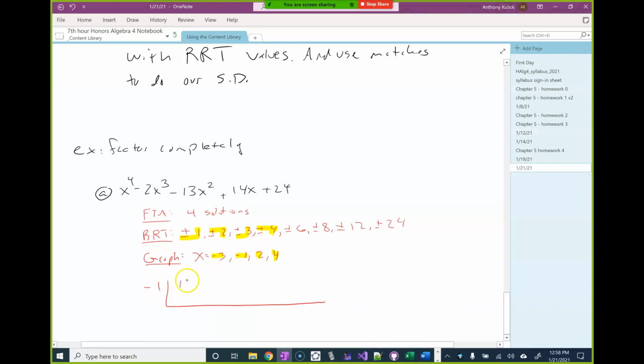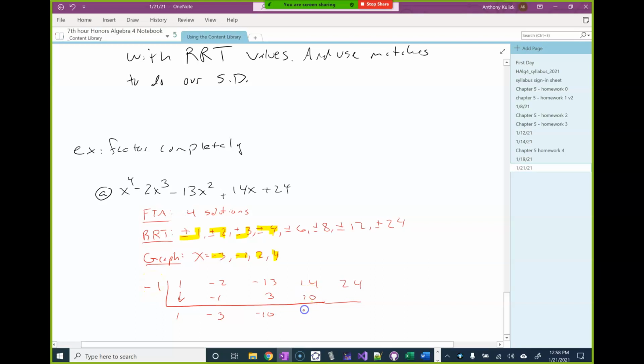Add down, that's negative 3. Negative 1 times negative 3 is positive 3. Add down, that's negative 10. Negative 1 times negative 10 is positive 10. Add down, that's 24. And negative 1 times 24 is negative 24. Add down, and I get 0, which is what I was hoping for.